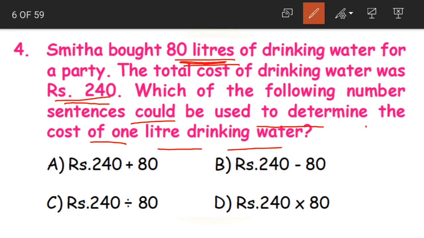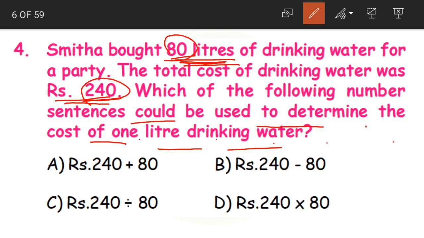Just now what did we do, children? We divided the total amount by the total number of balls. In the same way here, we have to divide the total amount by the total number of liters to get the cost of 1 liter of drinking water.